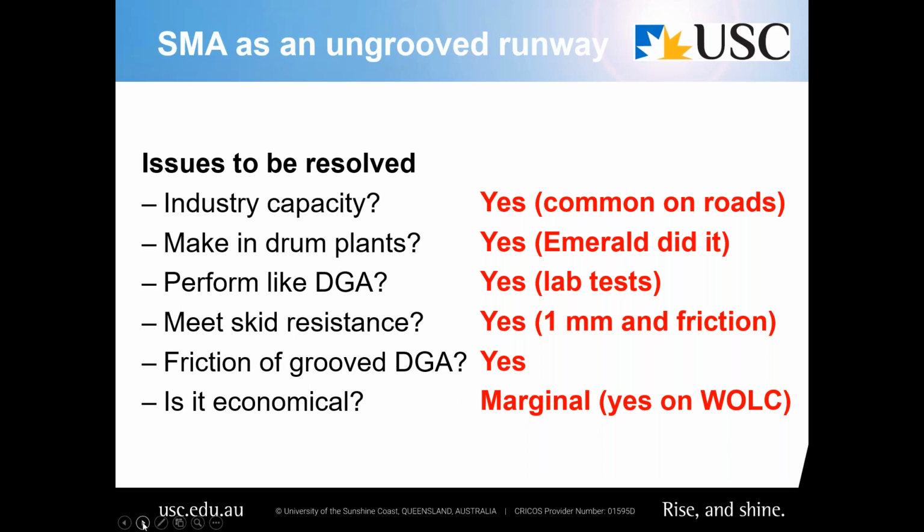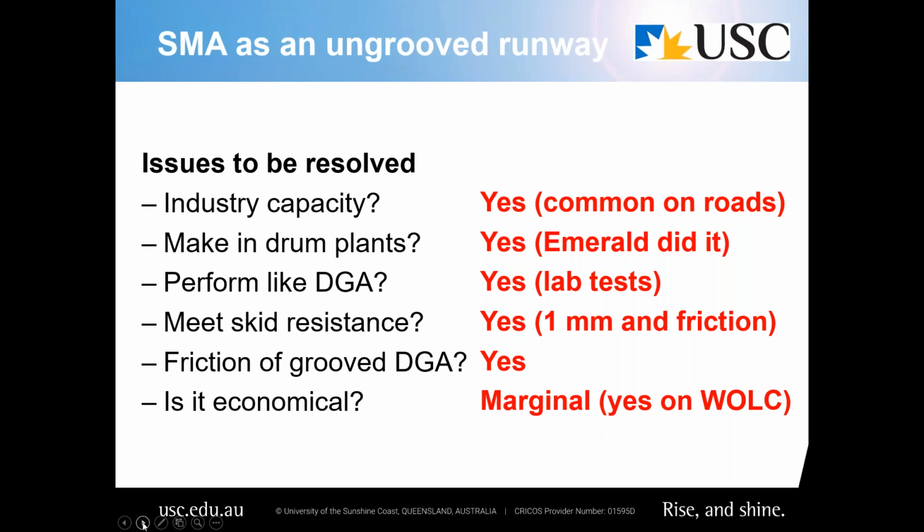Statistically, what we produced at Emerald, the SMA was no more variable than the dense graded mix, with the exception, as I said, of that bitumen content, which really is about how you test the material as opposed to how you produced it. Does it perform like dense graded? Well, based on those lab tests, yes, in terms of deformation resistance, crack resistance, moisture damage resistance, yes.